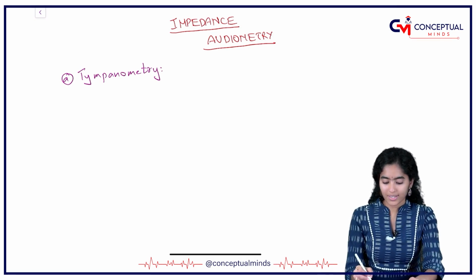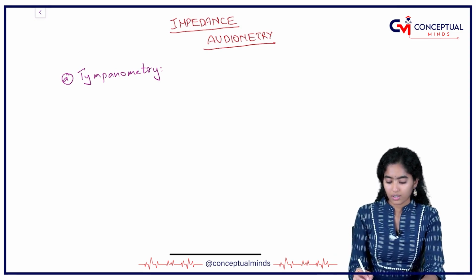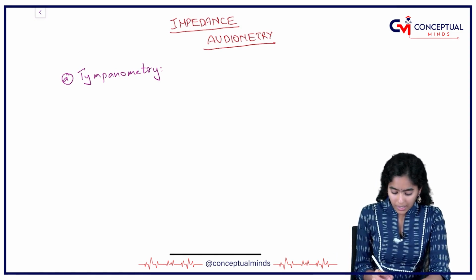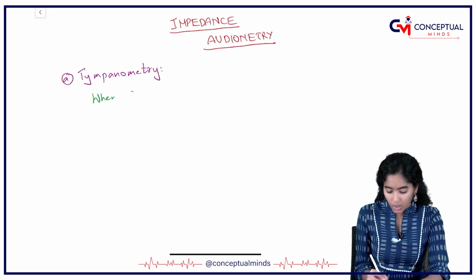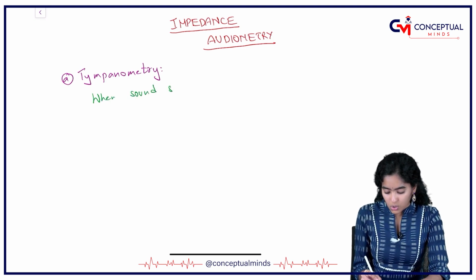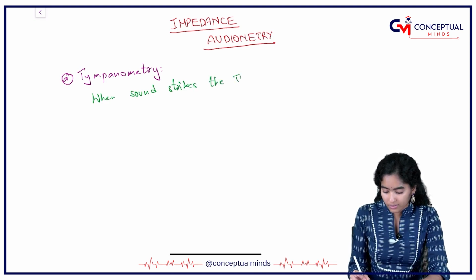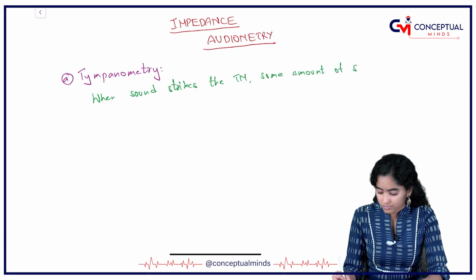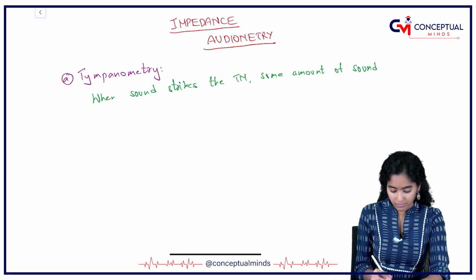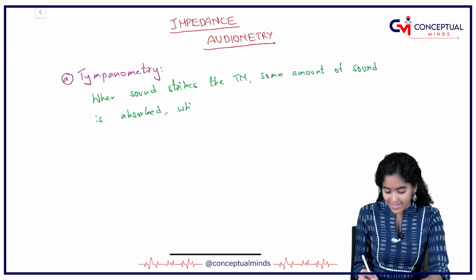So let us see how it is done. First, let me write this principle down. When sound strikes the tympanic membrane, some amount of sound is absorbed while some is reflected.